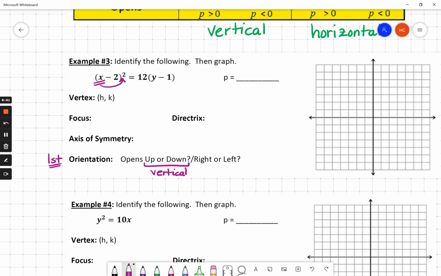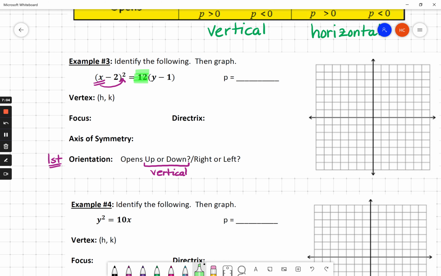Okay? To determine whether it's up or down, you are going to use the p-value. The p-value can be found by finding the coefficient of the non-squared factor. The coefficient of the non-squared factor is always going to be the number with the factor without the little 2 exponent.